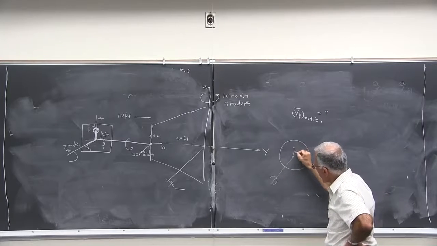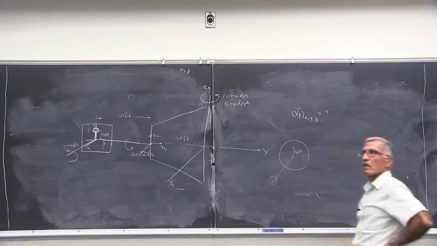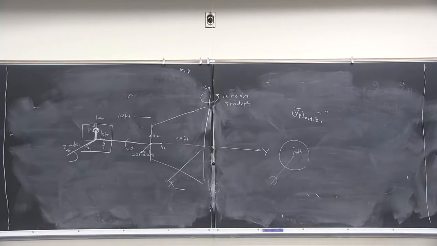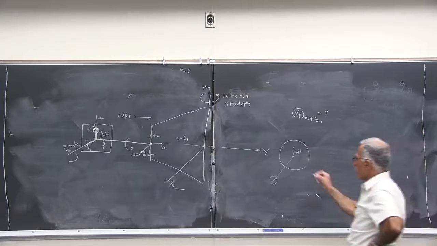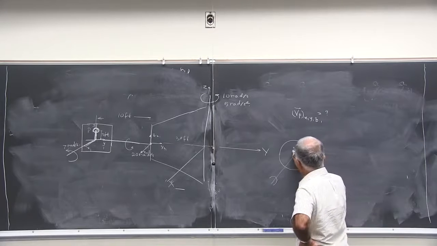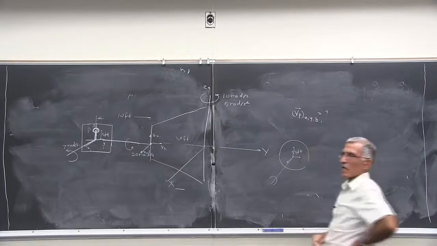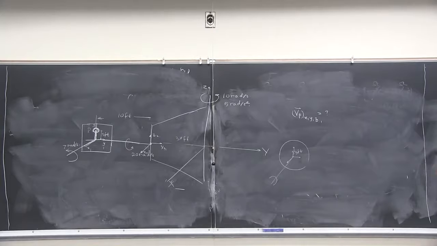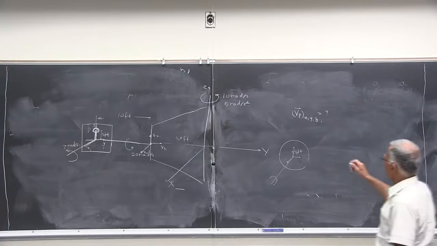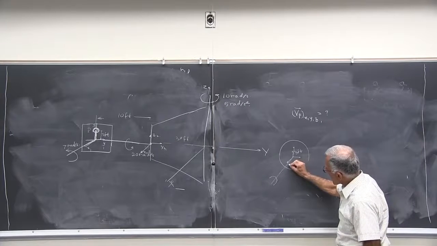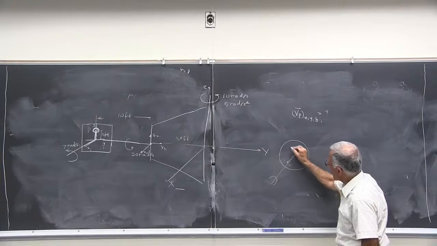His head is here, 3 feet from here, and my auxiliary reference frame is attached to this point, and the disk is going around that location. That thing is rotating. So we are interested in velocity with respect to x1, y1, z1.